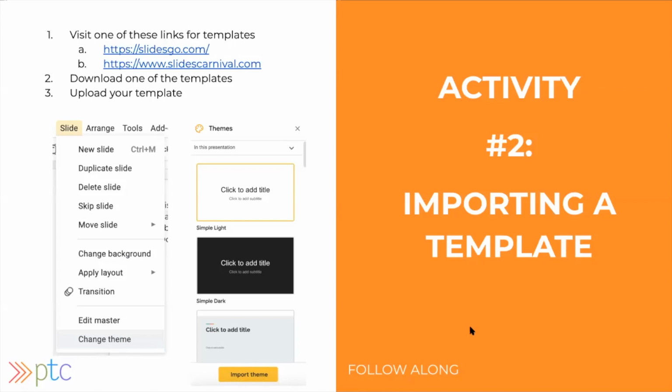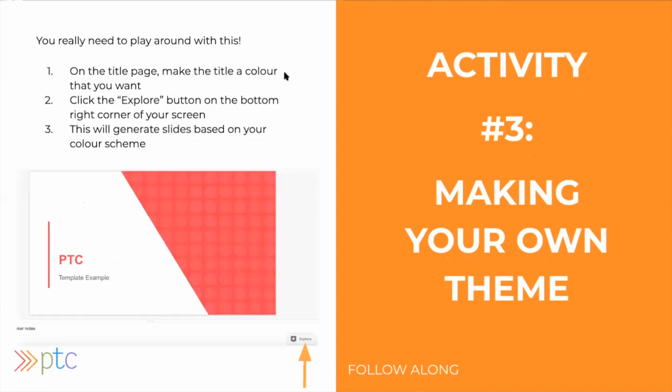You can either upload a theme from your downloads, and as you can see, you can also import your current existing slide in your Google Drive. If you play around with this, you can get to know it more.